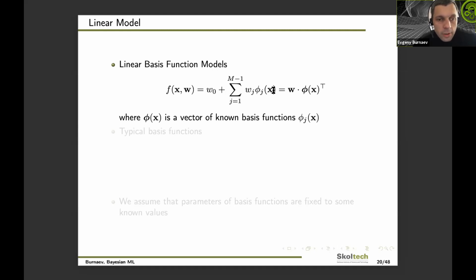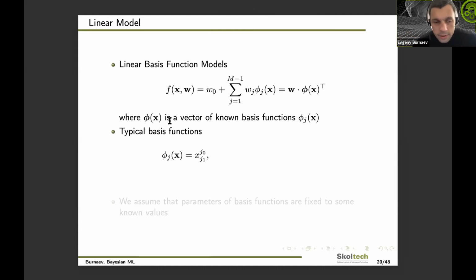We assume that we somehow convert input features x into some basis function values, and we consider a linear combination of these basis functions. By phi of x, I denote a vector of known basis functions, and w is a vector of parameters.